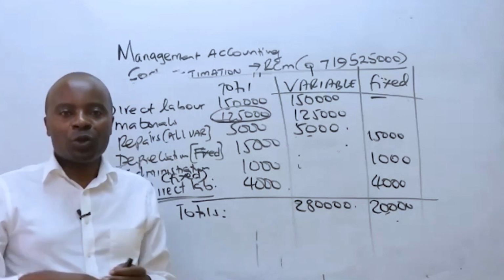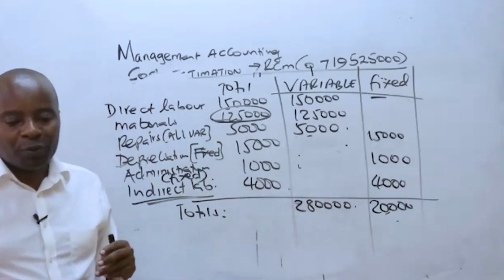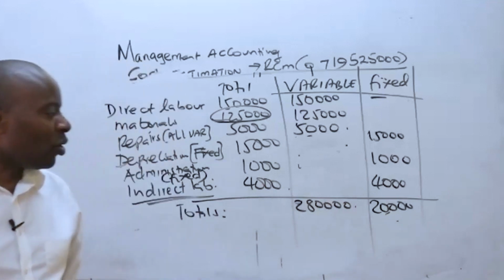Remember, for variable cost, unlike fixed, you normally prefer it per unit. Variable cost per unit.